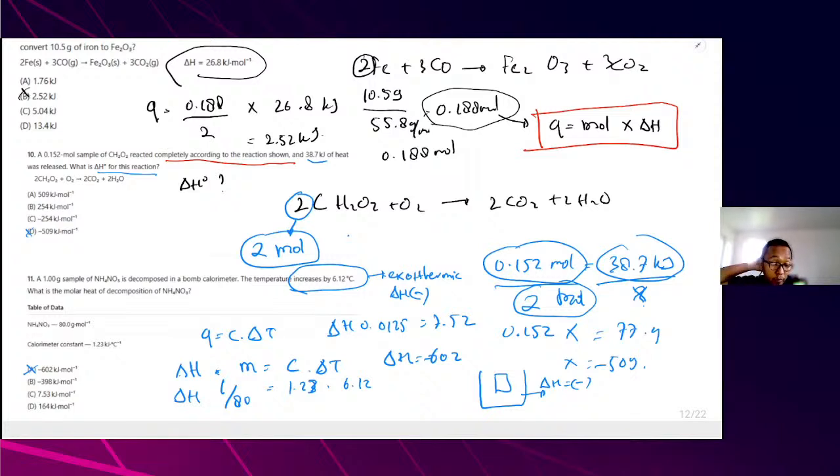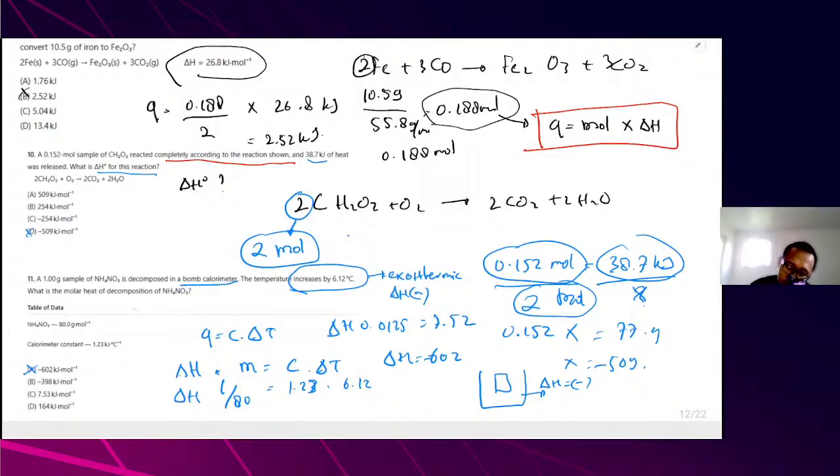However, if the temperature decreases, remember your perspective is in the surrounding, so it will be endothermic, and the system will absorb the heat itself. The temperature of the surrounding calorimeter decreases because the heat is being taken by the reaction. Okay, that's great. This is the concept of the bomb calorimeter.